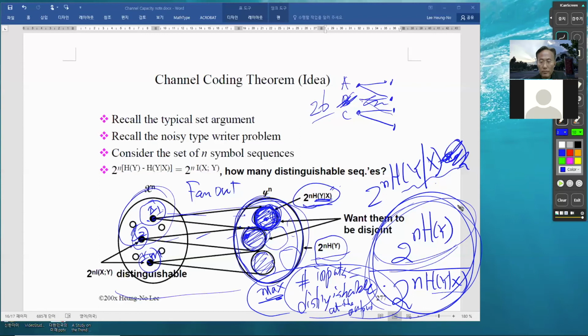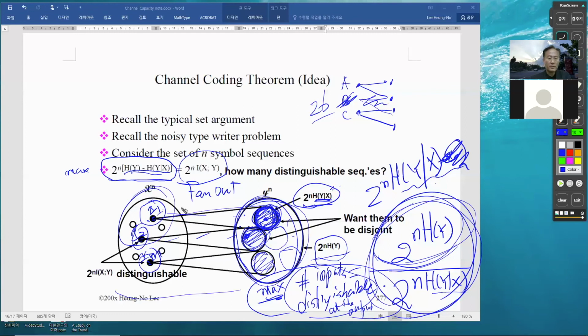This is nothing but the same as this one right here. The ratio of these two numbers, written this way, we notice is equal to 2 to the power of n times the mutual information between the two. So this is the capacity. The maximum of this is the capacity of the channel that is given.